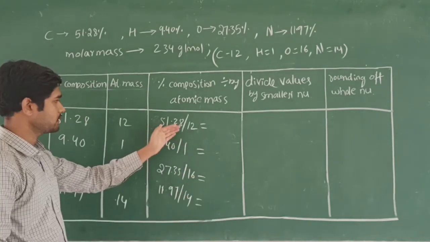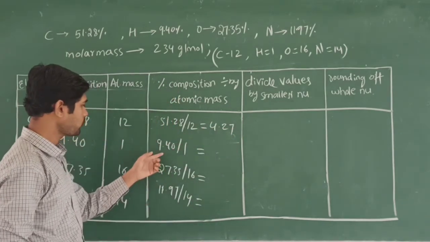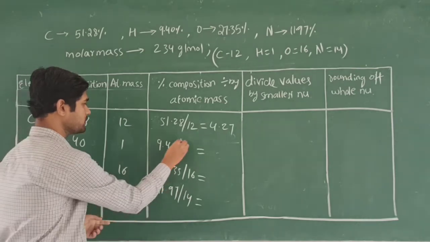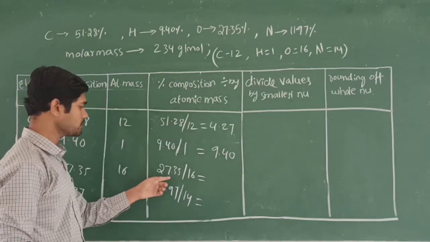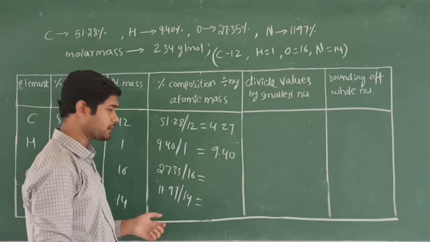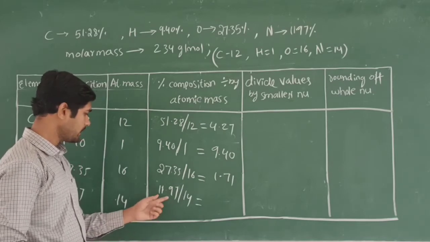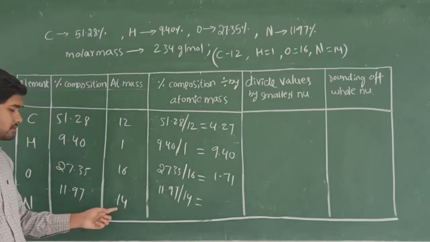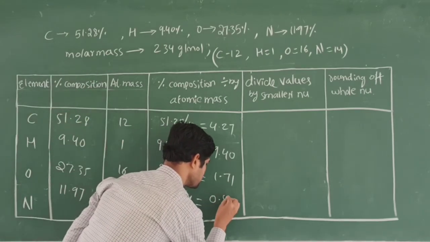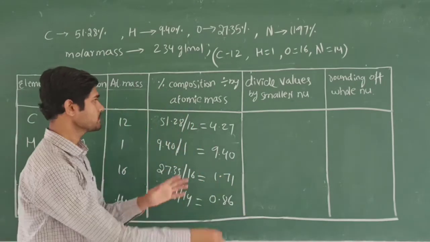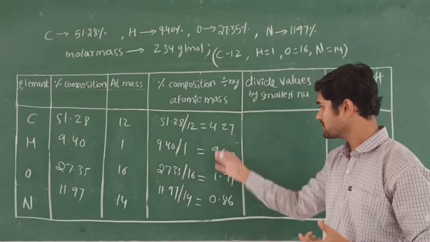After this division we get 4.27 gram, 9.40, 1.71, and 0.86.